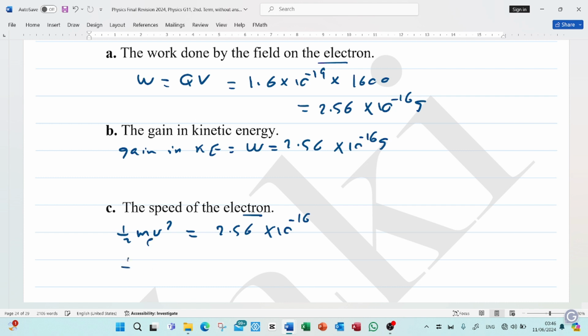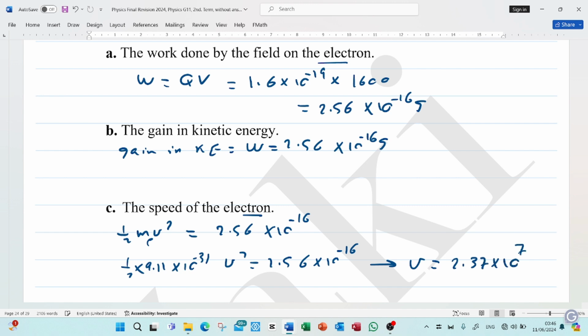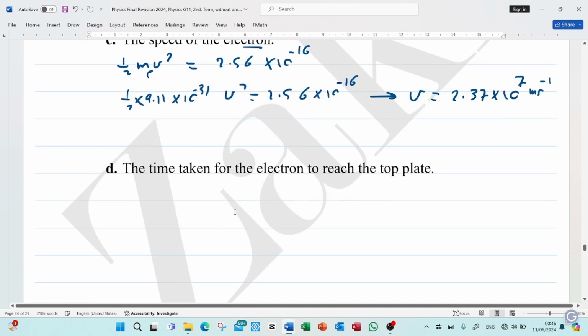It is the mass of electron, so half multiply the mass of electron, given 10 power negative 31, v squared equals 2.56 times 10 power negative 16. From this, you can get v, v equals 2.37 multiply 10 power 7 meter per second. Remember, the speed must be less than the speed of light.